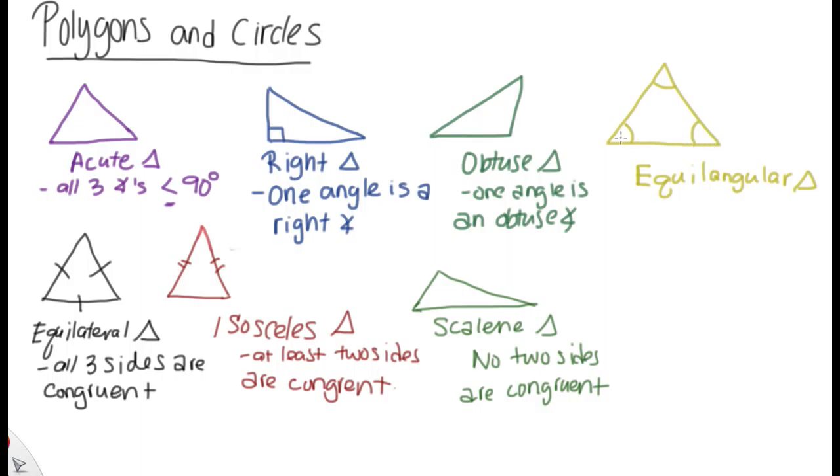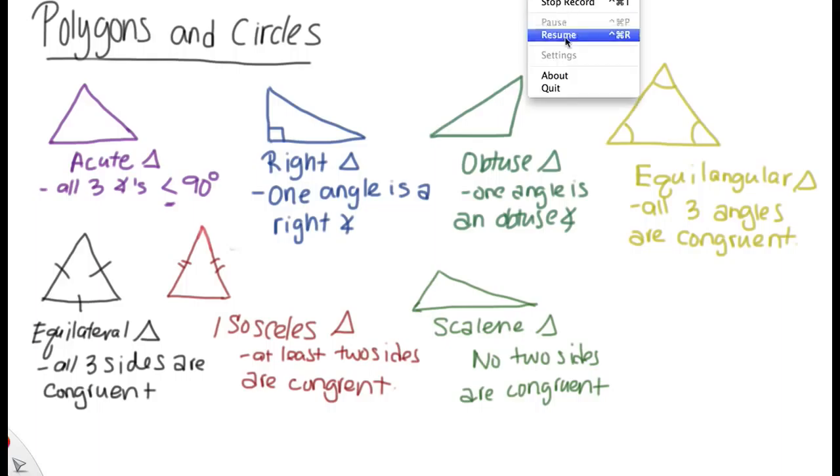Now, if all three angles are congruent, this also suggests that all three sides are congruent. Now that we've described and listed the different types of triangles, let's go back into detail about these triangles.